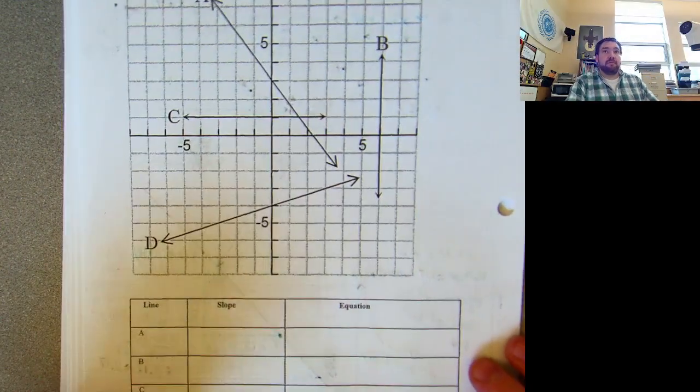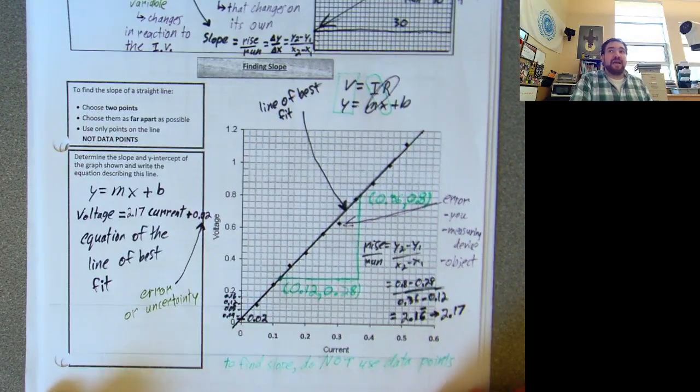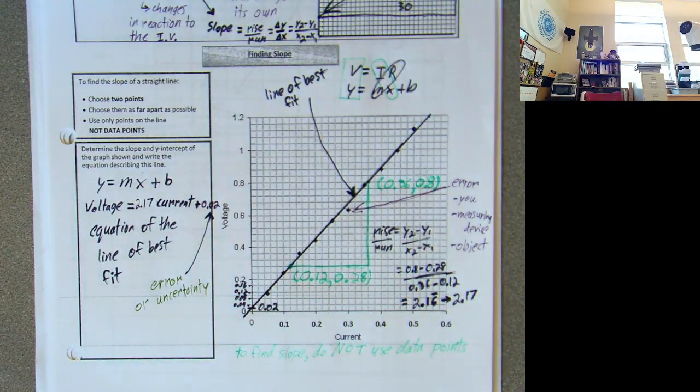I had fun. Okay, so I'm going to go back. These guys are calculating slopes and equations for lines on the next page. I'm going to go back and finish this, and rehash the discussion I just had with the rest of these guys. We decided that, at least on mine, the y-intercept does not go through 0. I figured it was halfway up the square, so half of 0.04 is 0.02. So when we plug into the equation y equals mx plus b, we know that voltage is supposed to be equal to resistance times current.